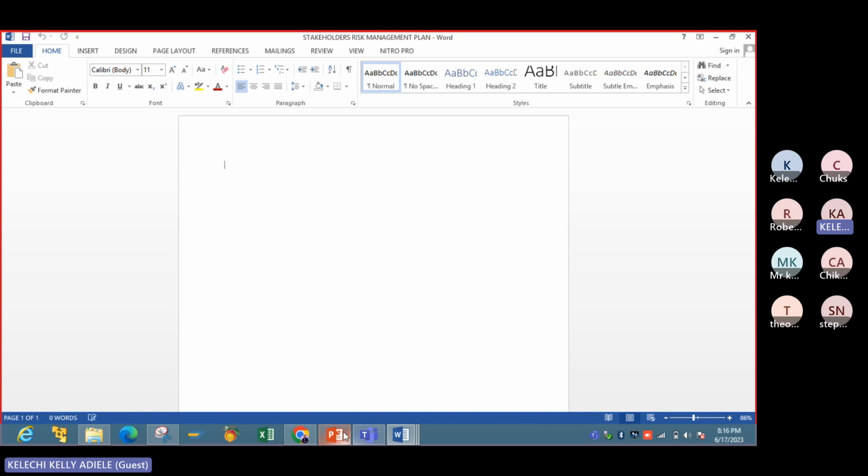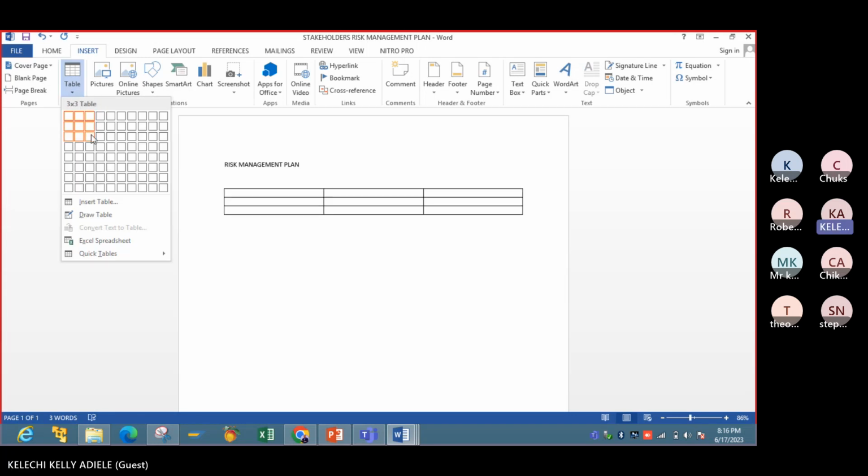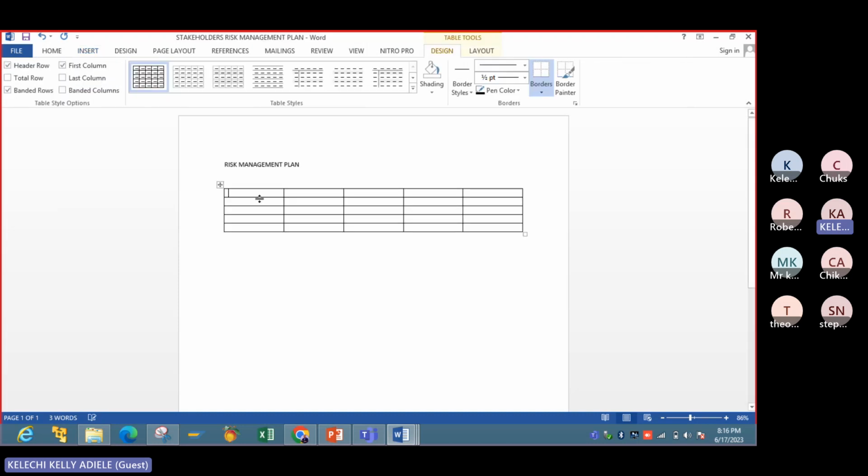So I think we have 1, 2, 3, 4, 5 columns. I wish I could just copy this table instead of stressing myself.